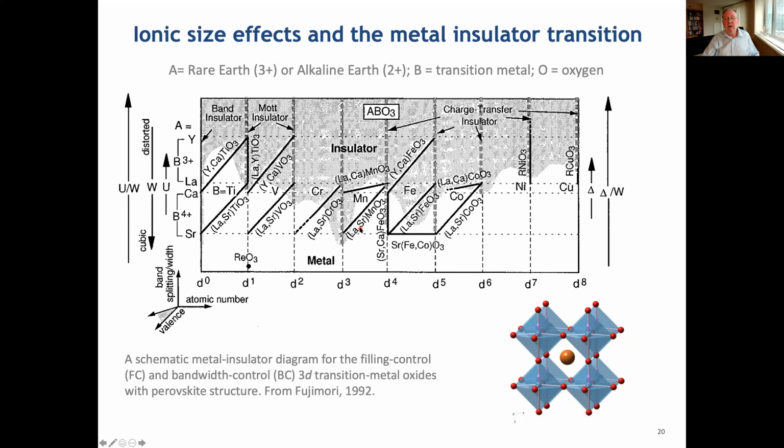So I can work at constant chemistry. I'm not changing any doping in the material, and I can just change, in fact, ionic sizes. And by changing ionic sizes, I can, in every case, cross from a metal to an insulator in this series without changing chemistry. And in many cases, that's a much more dominant behavior than the actual case of doping.